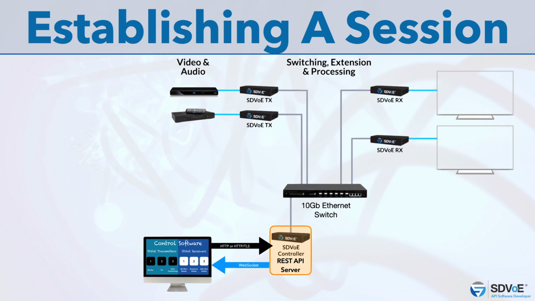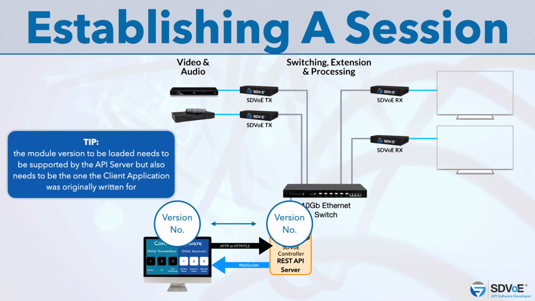Prior to successfully sending an API request, it is necessary for a client to establish a session with the API server and specify the required API module version. The API module specified may have different functionality than an alternate version. Therefore, it's important to make sure that the version loaded matches the version required by the client application.